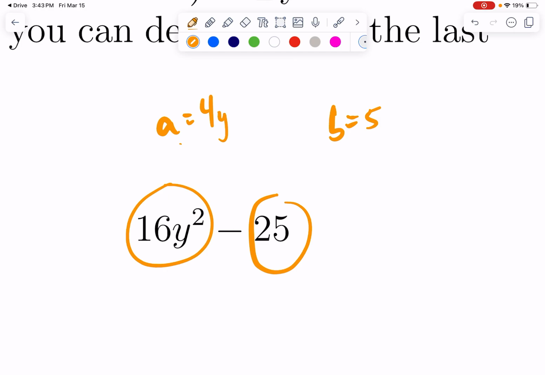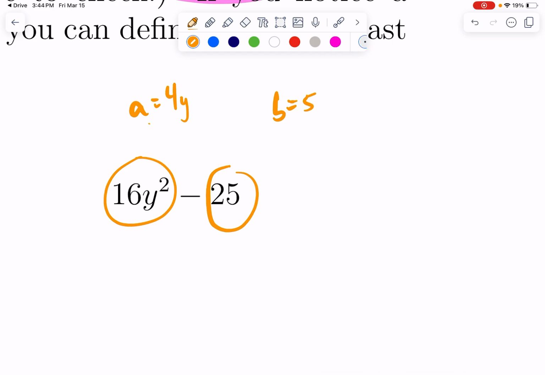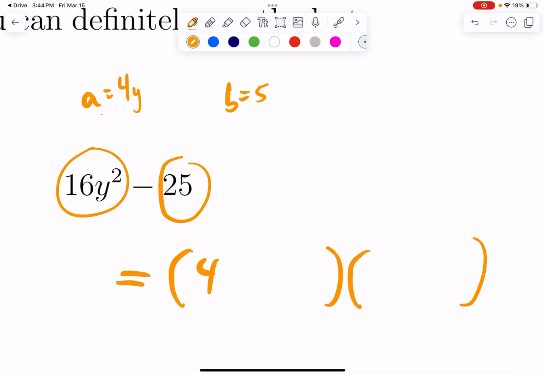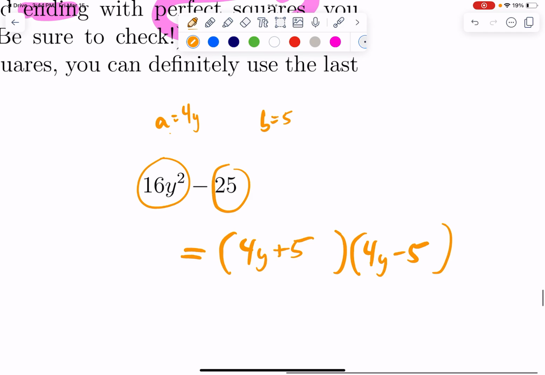If we're adding, we're out of luck. So what we notice is, oh, this is just something squared minus something squared. I know as a shortcut that this will just be 4y plus 5 times 4y minus 5. It is much, much easier to notice that pattern than it is to try to factor it any other way.